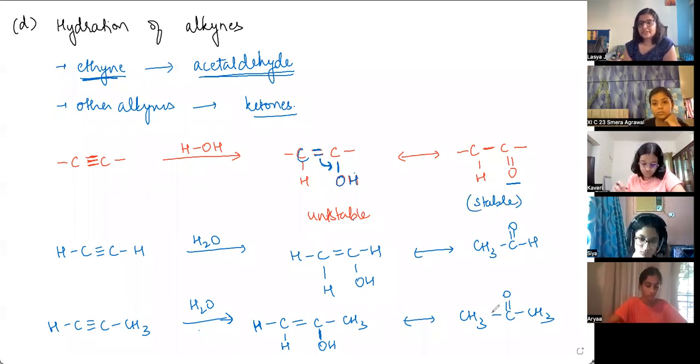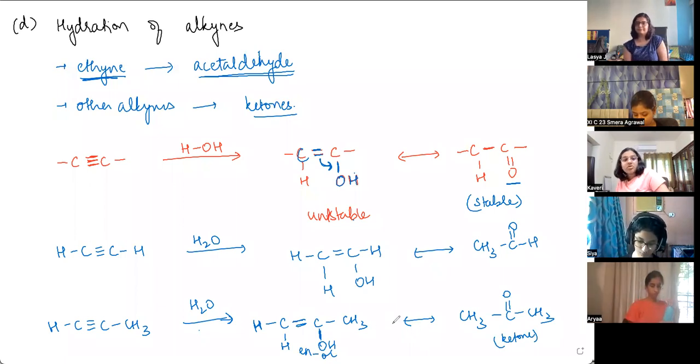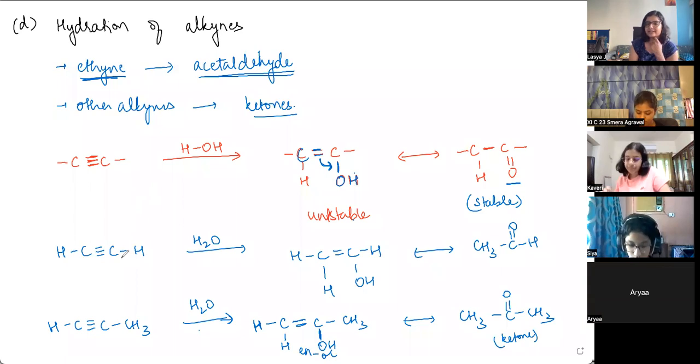Because this particular tautomerization is a rearrangement between a ketone form versus an enol form, like double bond plus OH, it's called keto-enol tautomerization. So you get only one specific aldehyde, which is acetaldehyde, when you use ethyne. Any other alkyne will give you ketone.